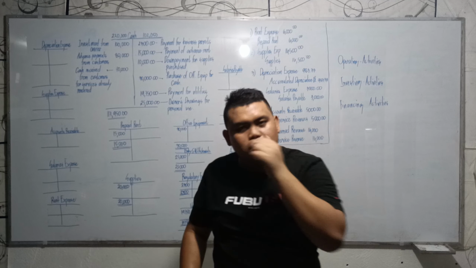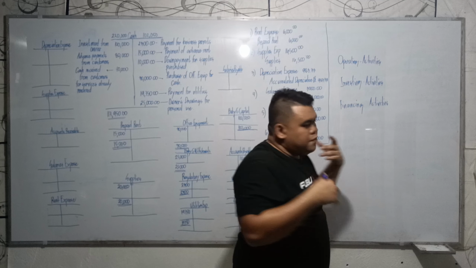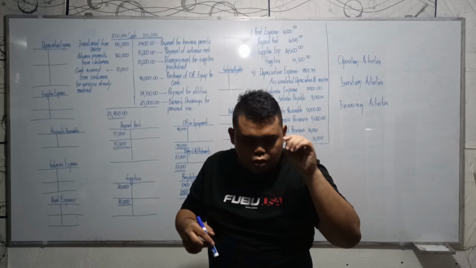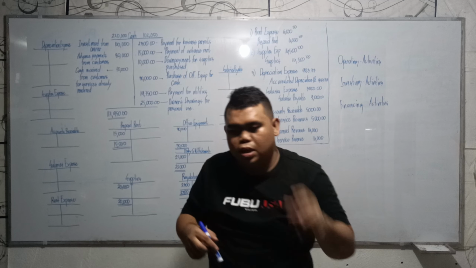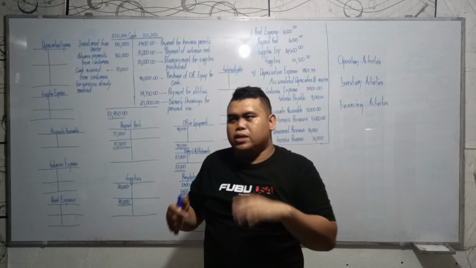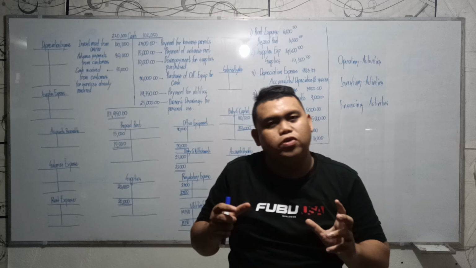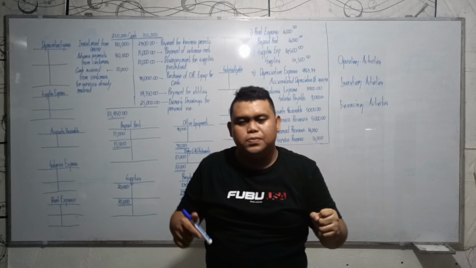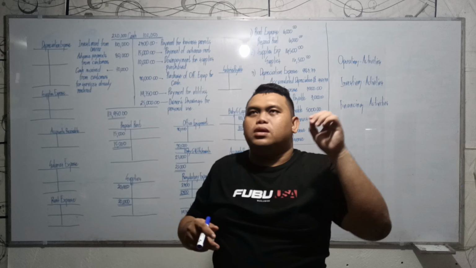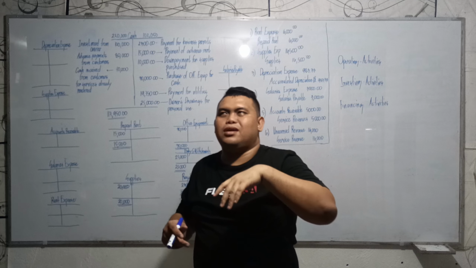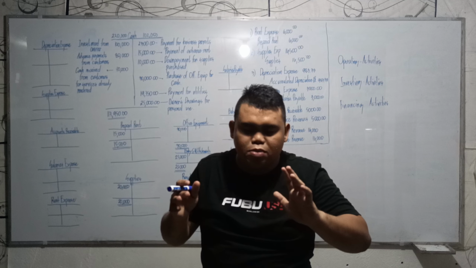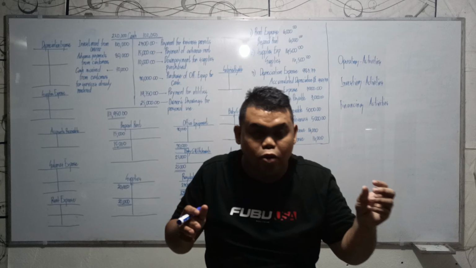Okay? Now let's talk about investing. Investing activities are normally those investments that you are doing as a company. For example, the company is now really big, and the cash reserves of the company are very big also. So you have to invest it in other things if the cash is much more than what's needed in the operations.